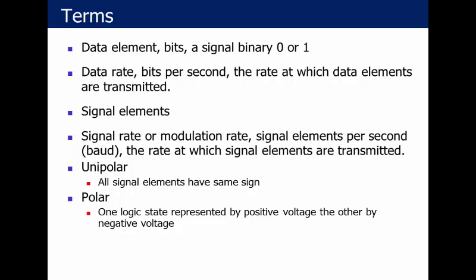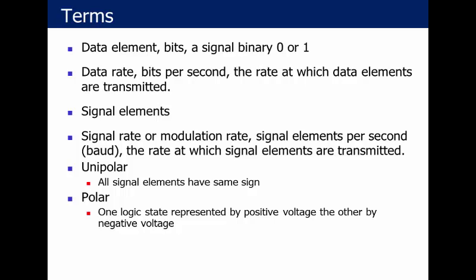And there is also the signal rate or modulation rate. What that means is signal elements per second. We call that the baud rate, the rate at which signal elements are transmitted. And there is a polar system applied, unipolar and polar. In unipolar, all the data generated from your device for wireless communications have the same sign.